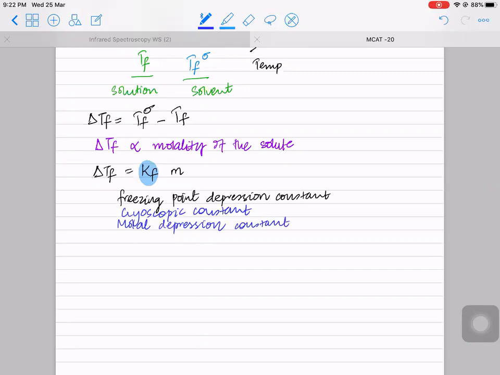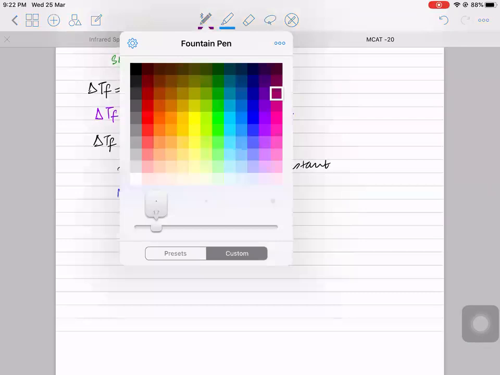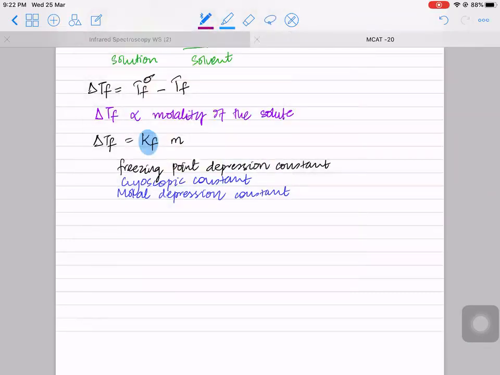Okay, now you can again equate molality with the number of moles upon the mass of solvent. So you can write molality as moles, which is W2 upon M2, where W2 is the mass and M2 is the molar mass of the solute, upon W1 upon 1000, right?